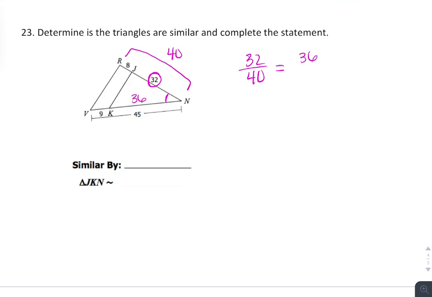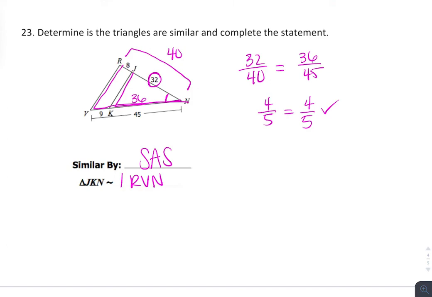So 36 over 45. 32 and 40 are both divisible by 8, so you're going to get 4 over 5. 36 and 45 are both divisible by 9, which gives you 4 over 5. So that checks out. They are similar by side, angle, side. And then JKN is going to be similar to RVN. And that is it.